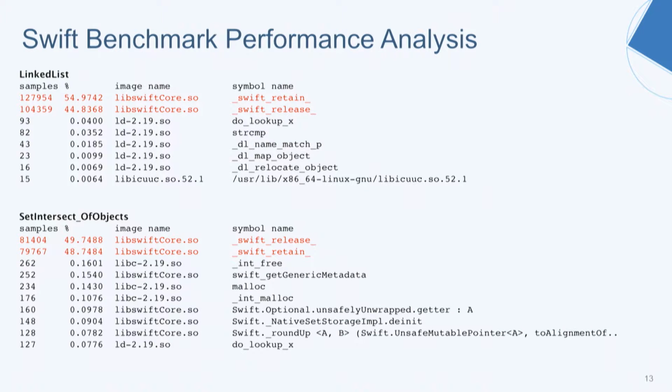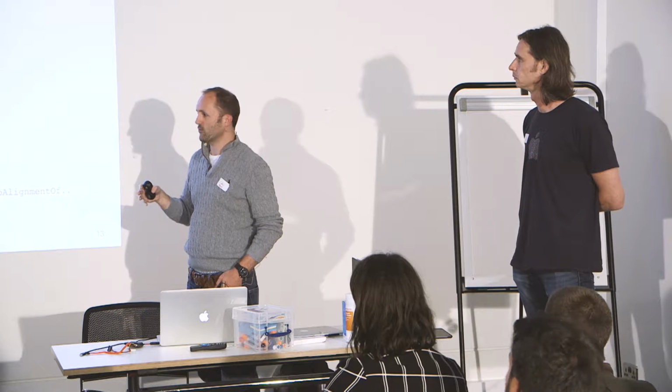Now, one of the interesting things is I know there's some work going on in the runtime to try and help with this specific case. So the runtime Swift guys have been looking at the linked list benchmark itself and looking at ways to reduce ARC overhead.